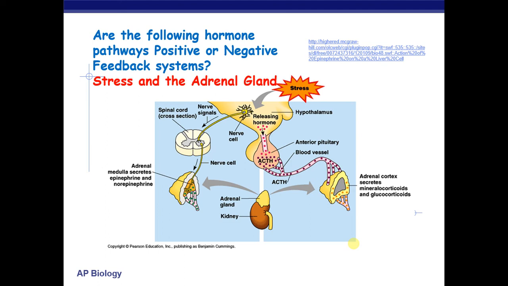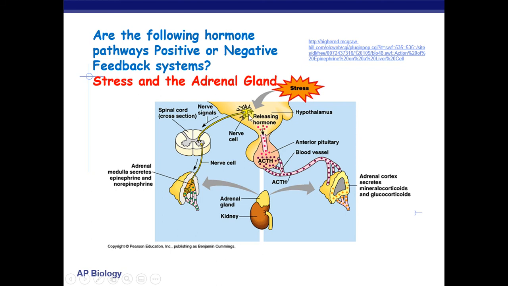As an example, when you experience something stressful, that might cause your endocrine system to send out a message to elicit a specific response from a bunch of your cells, like to take in more glucose and increase respirations and things like that.